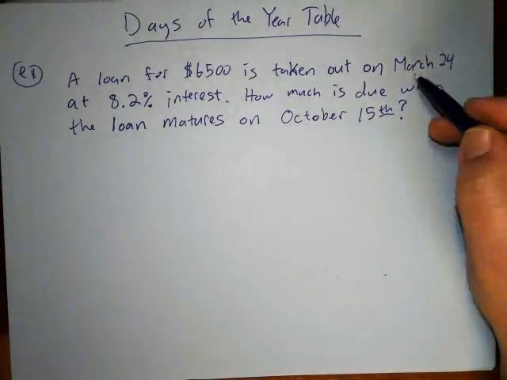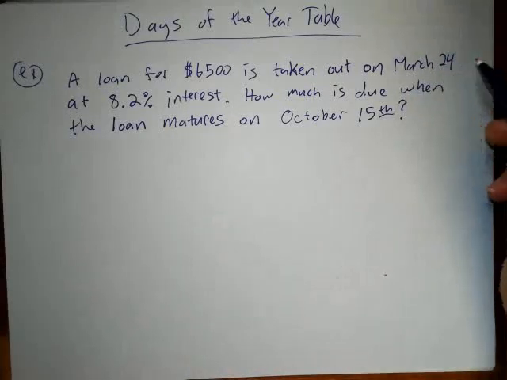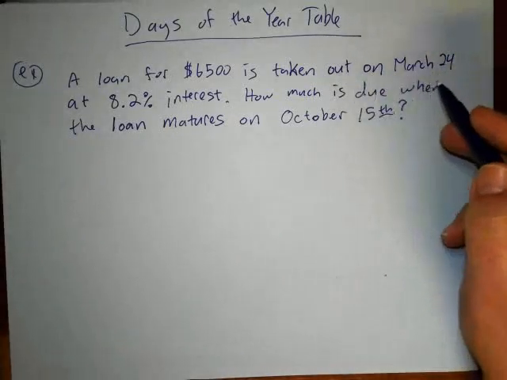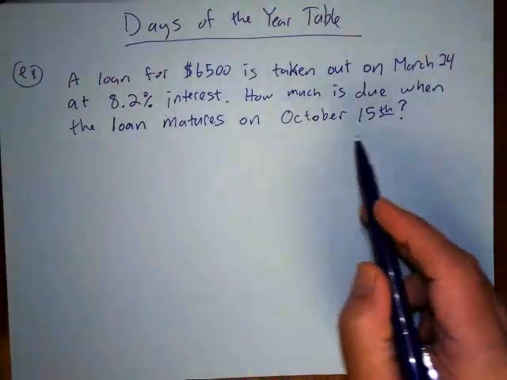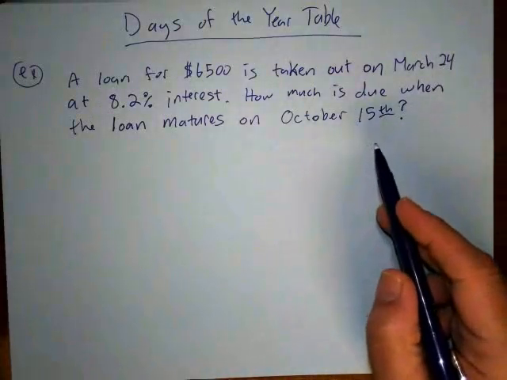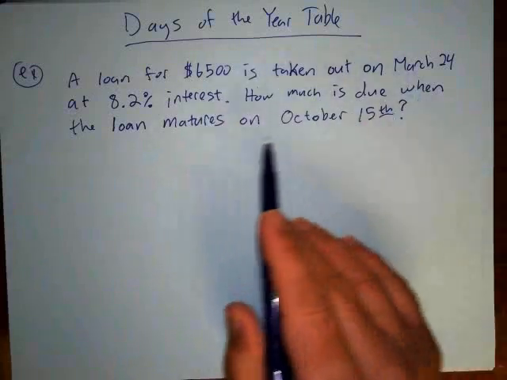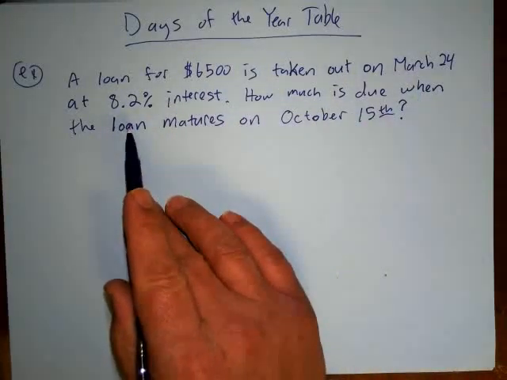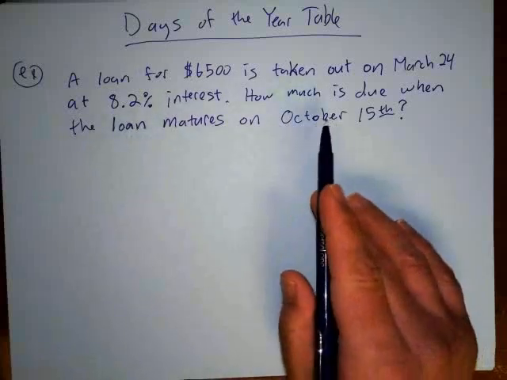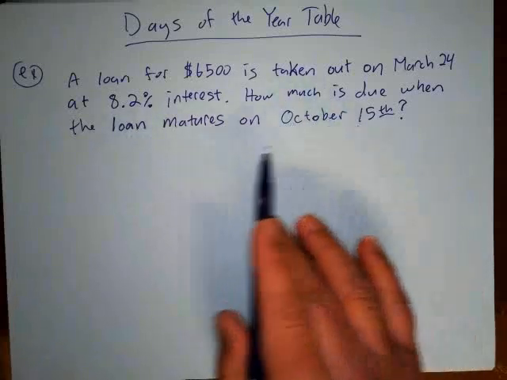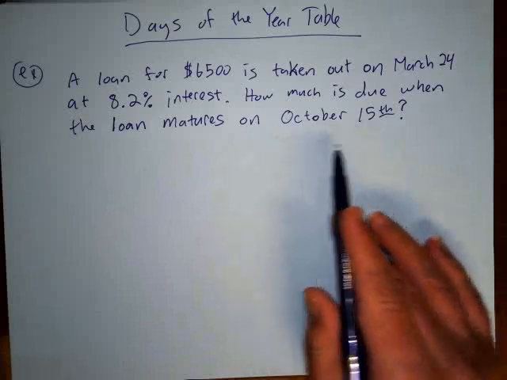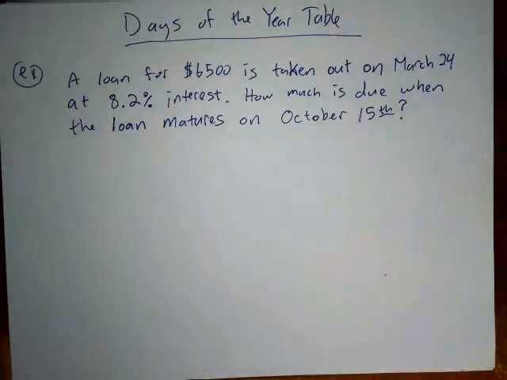So in this example, March 24th is the starting day of the loan. It's taken out on March 24th, and then it matures on October 15th. Okay, so I borrow $6,500 on March 14th at 8.2% interest. And now it's going to ask me how much is due when the loan matures on October 15th.